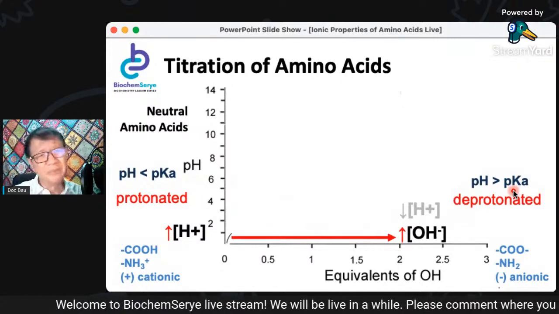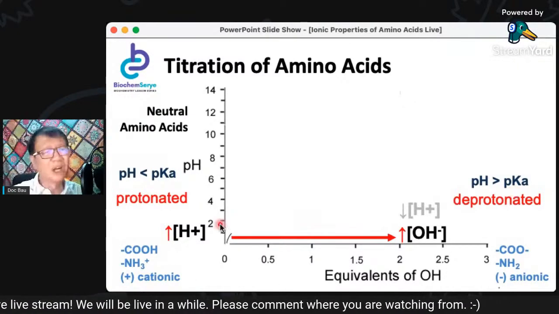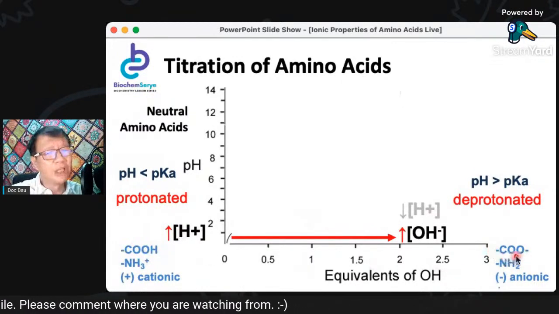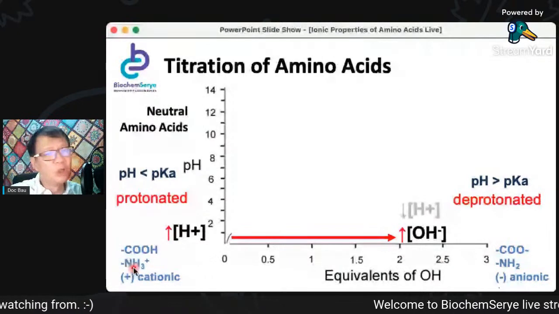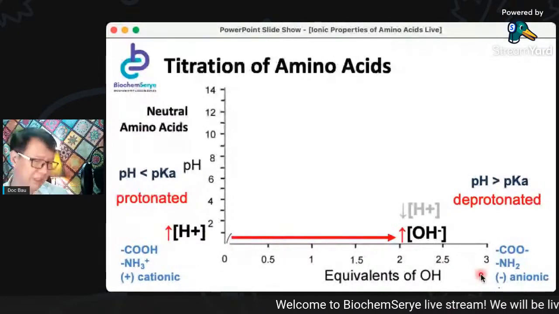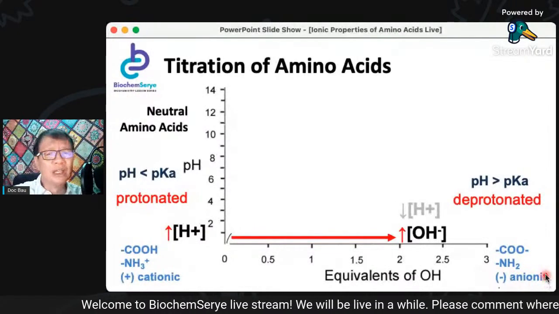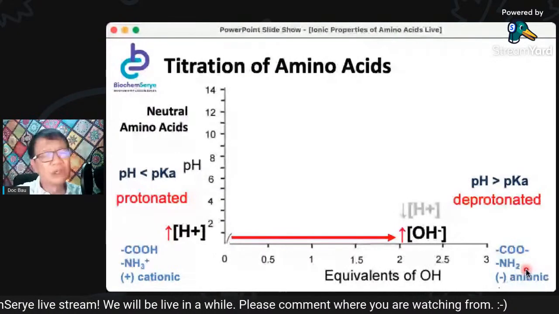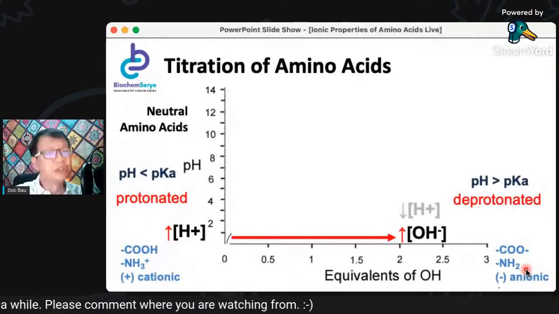Relatively speaking, you have a scarcity of hydrogen ion. Your carboxyl group will now be deprotonated to carboxylate, and your amino group, although it's basic and an acceptor of hydrogen ion, has to let go. So it becomes anionic. If it is an anion, it's negatively charged, so it will now go to the anode, which is positively charged.